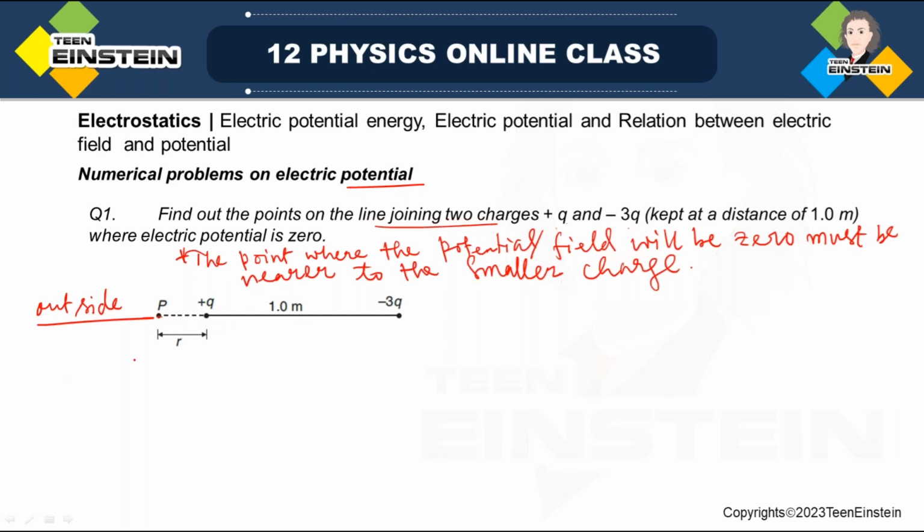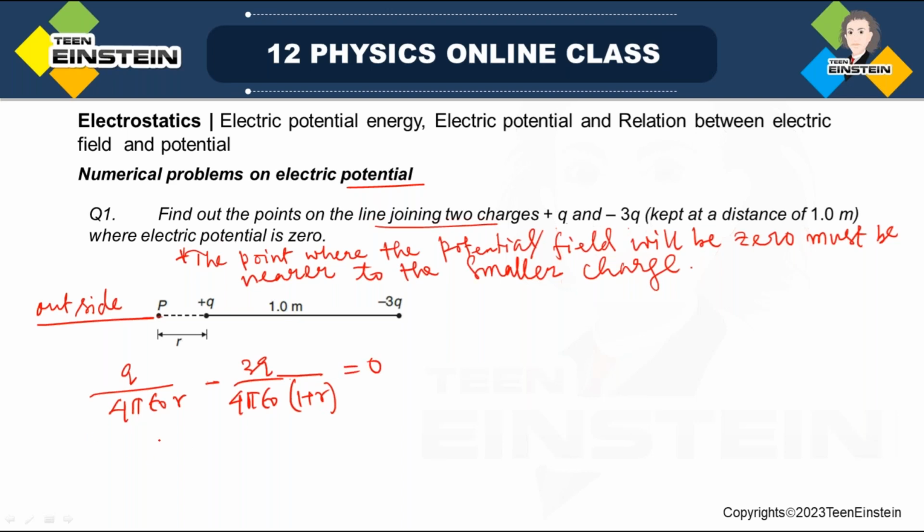Now let me write this: electric potential 0 means the sum of the potentials at this point will be 0. So potential due to plus q will be q by 4 pi epsilon naught r from here, and due to minus 3q will be minus 3q by 4 pi epsilon naught into (1 meter plus r). Now this will be 0.